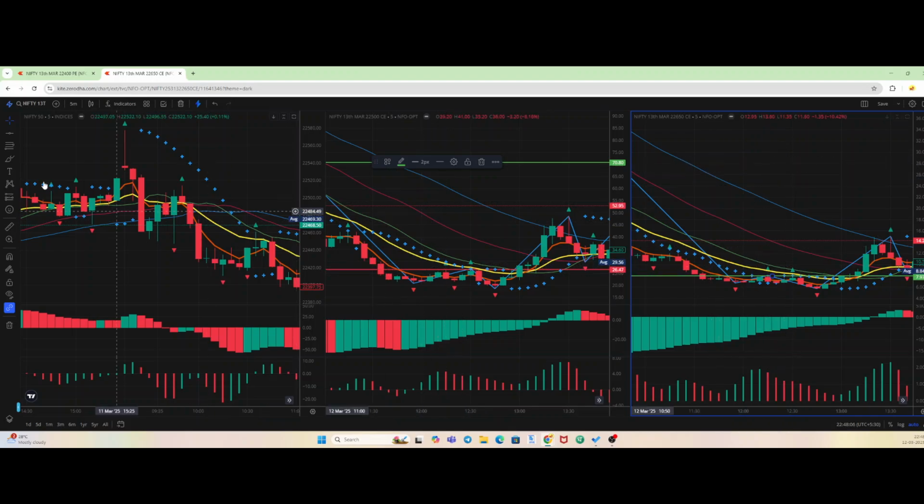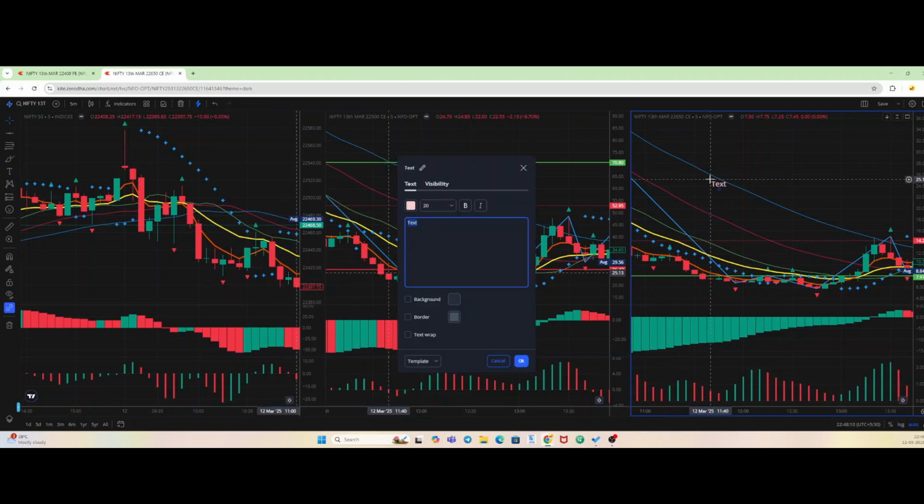What we entered here, we entered this area: entry 24 minus exit 8 equal to, here we lost around 16 points. Here 16 points minus.